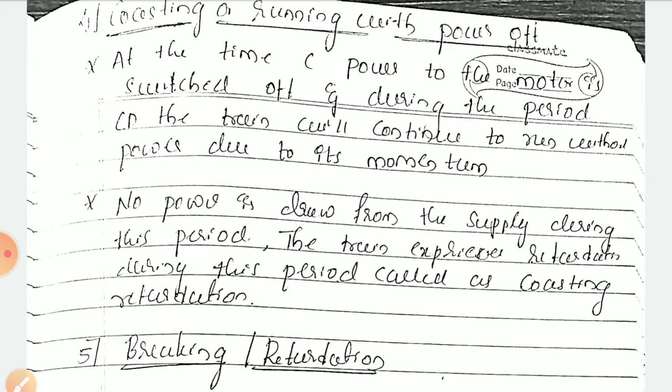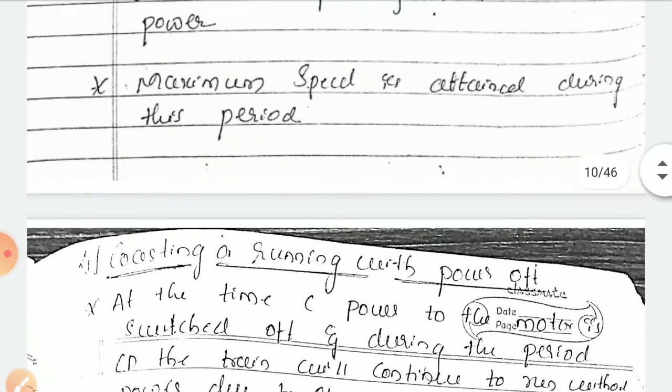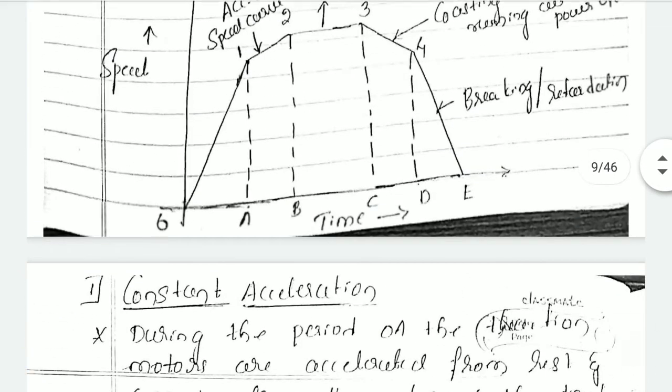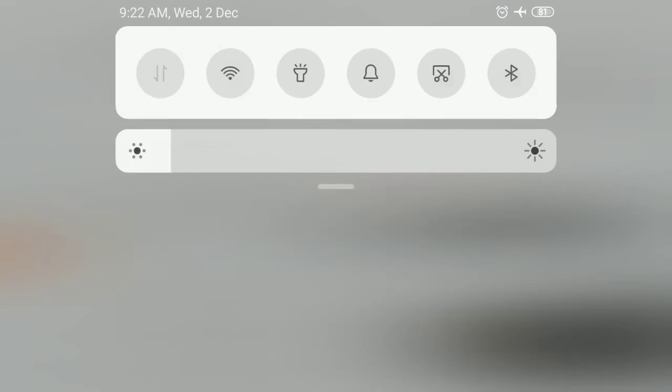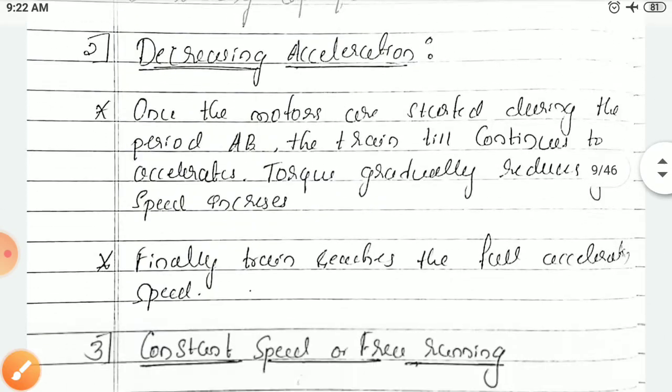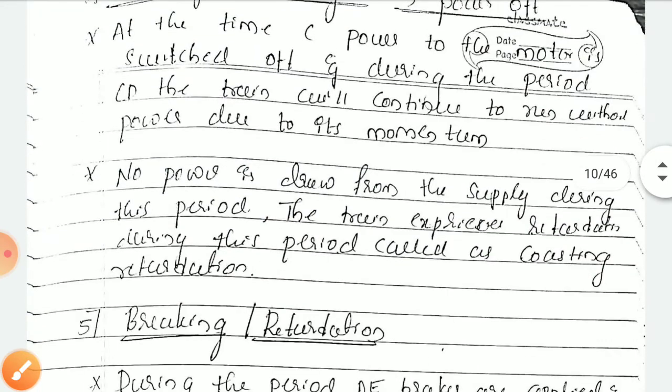During this period C to D, the train continues to move without power due to the momentum gained from the previous stages. No power is drawn from the supply during this period.